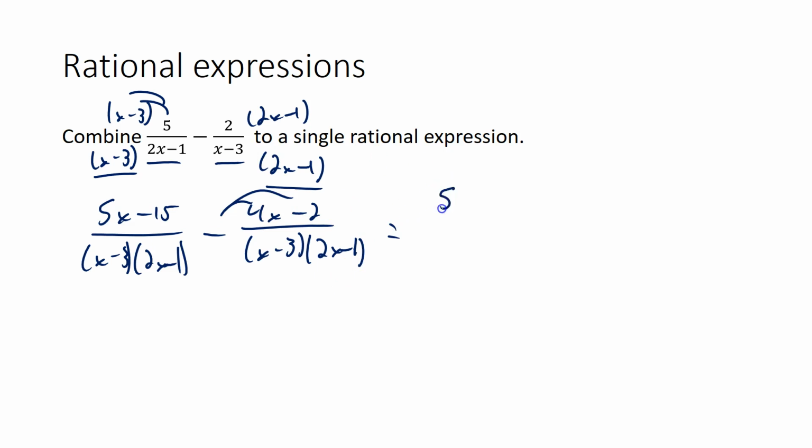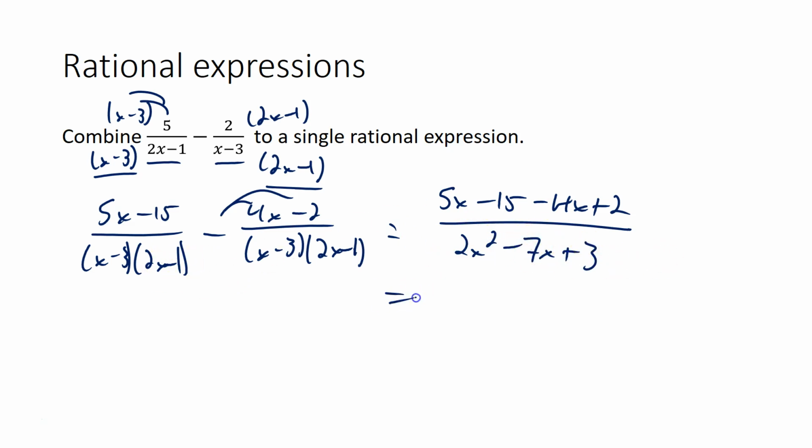So we have now 5x minus 15 minus 4x plus 2, because the distribution is negative, over, now let's FOIL that out. So we have 2x squared minus x minus 6x is minus 7x, and then plus 3. Okay, so altogether 5x minus 4x is x minus 13 over 2x squared minus 7x plus 3.